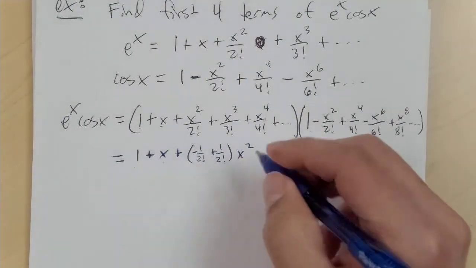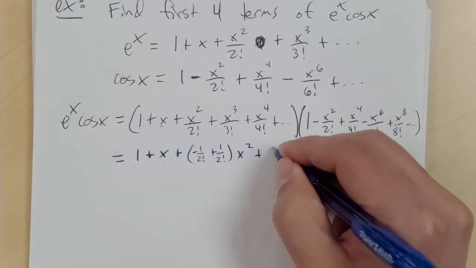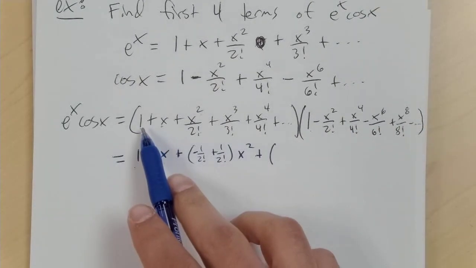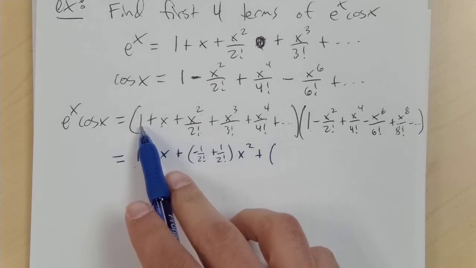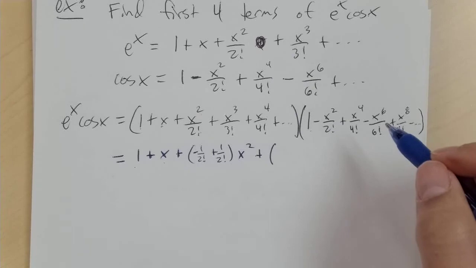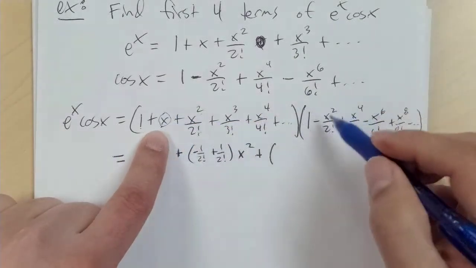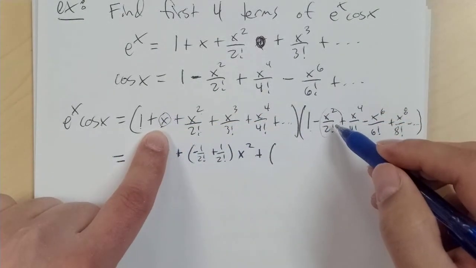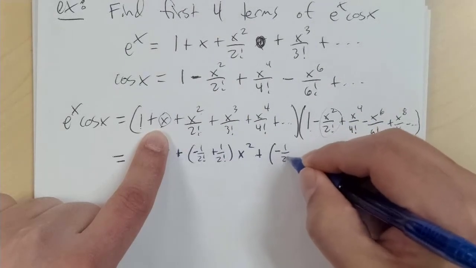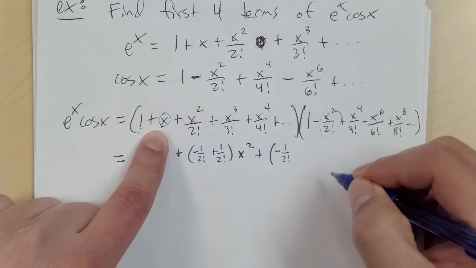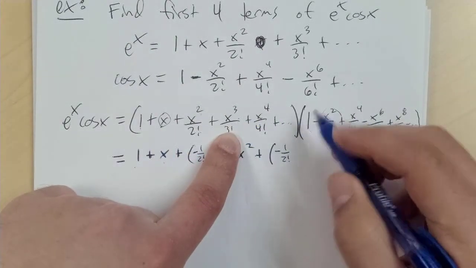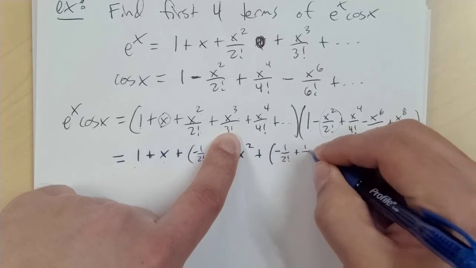Okay, so let's look at the cubics now. I'm going to have this x times the x squared. That'll be my x cubed term. So that'll be minus 1 over 2 factorial. And I'll get a cubic when I take x cubed times 1. That's plus 1 over 3 factorial.